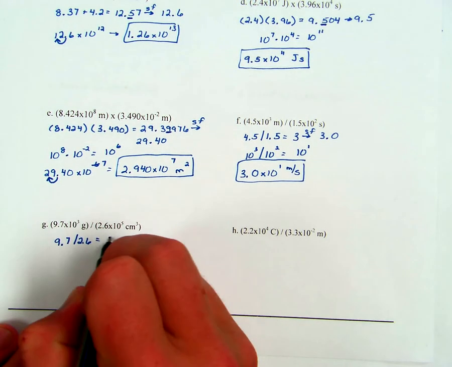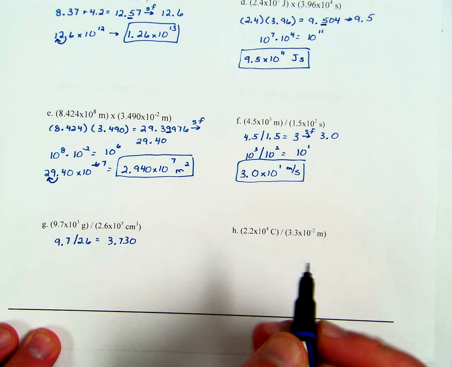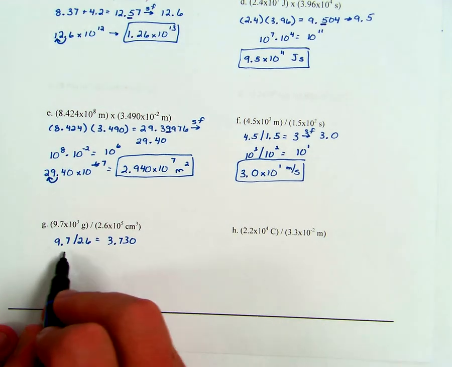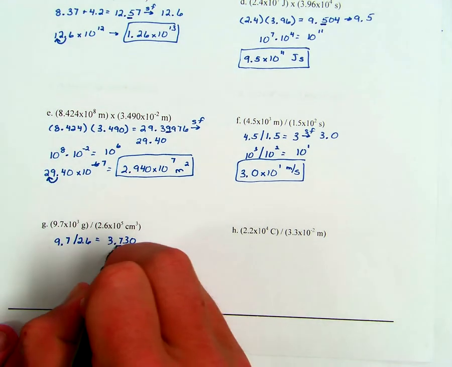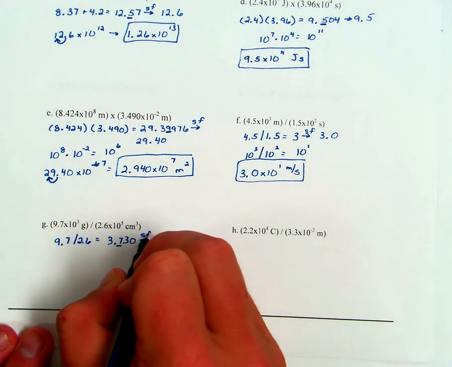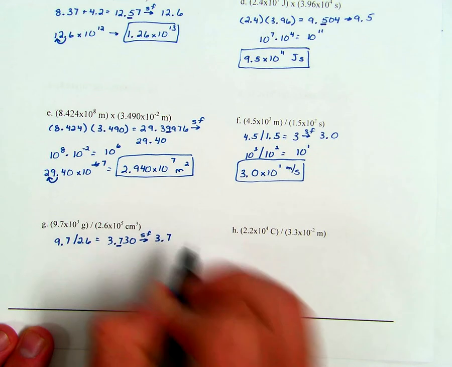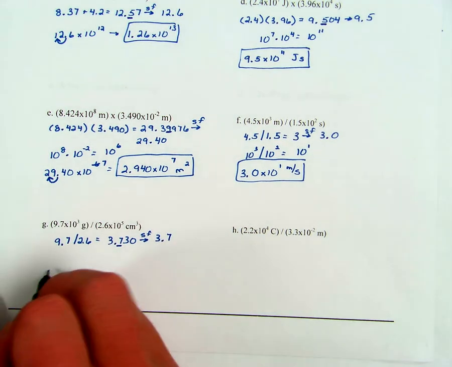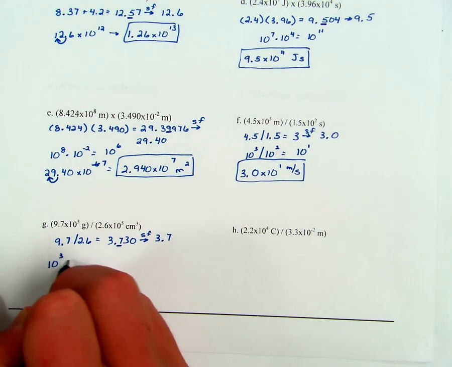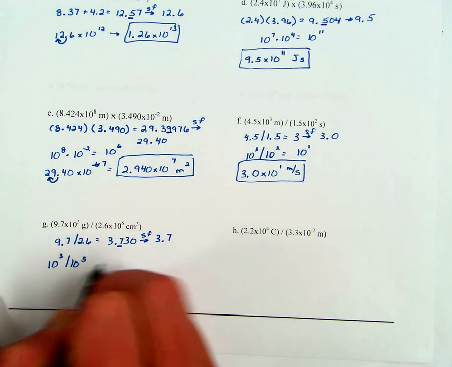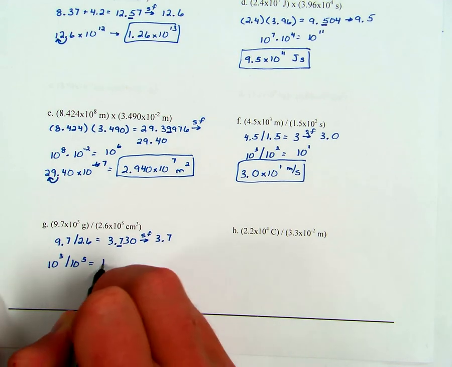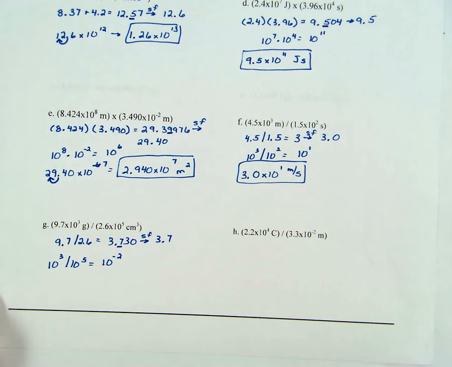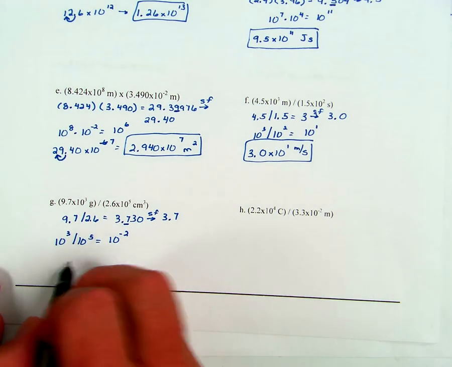So that would give me 3.7. Now again, I'm going to subtract my exponents. 10 to the third divided by 10 to the fifth. 3 minus 5, that's a negative 2. 10 to the negative second. So I have 3.7 times 10 to the negative second. My units, grams per centimeter cubed. And there we go.